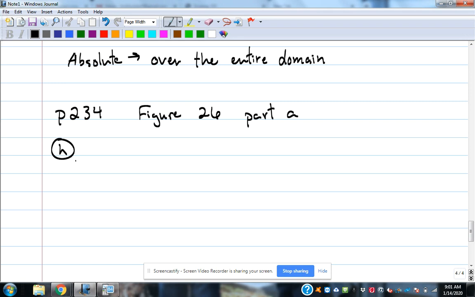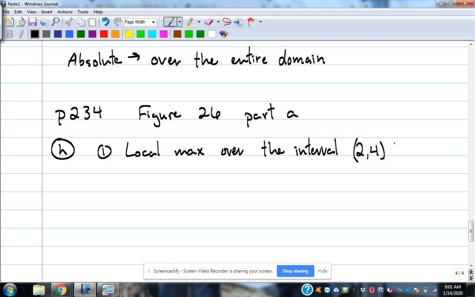And we're going to first find a local max over the interval 2 to 4. So those are the x values you're looking between, positive 2 to positive 4, and we want to find the local maximum in that picture.